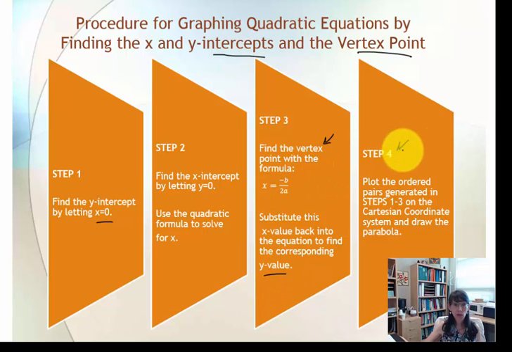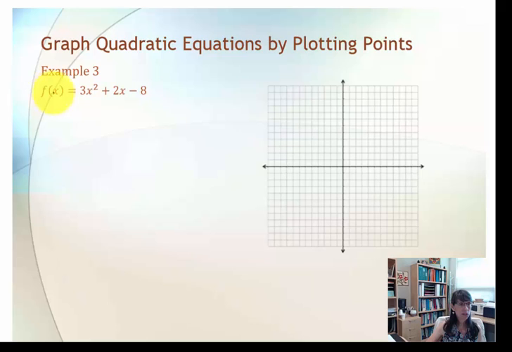And finally, with step 4, we'll plot the ordered pairs that we generated in the other steps. That is the x-intercepts, the y-intercept, and the vertex point, and we should be able to draw the parabola based on those important points. So in this example, f of x equals 3x squared plus 2x minus 8.